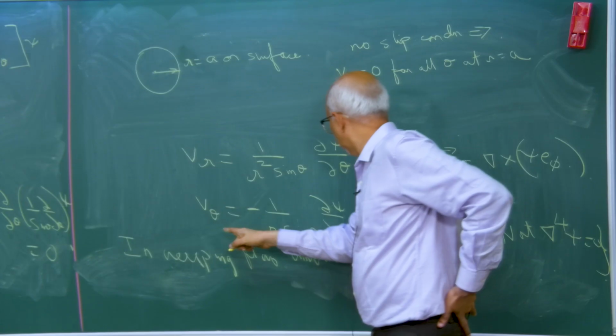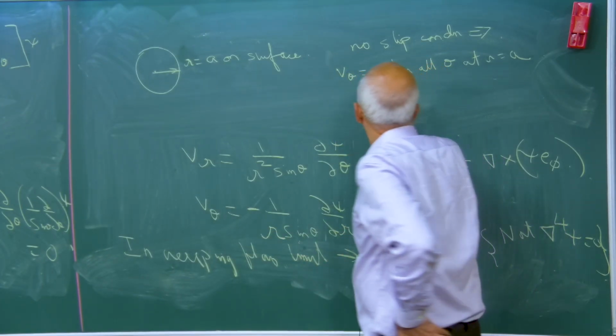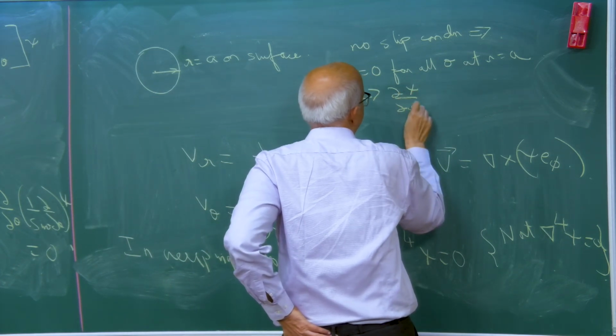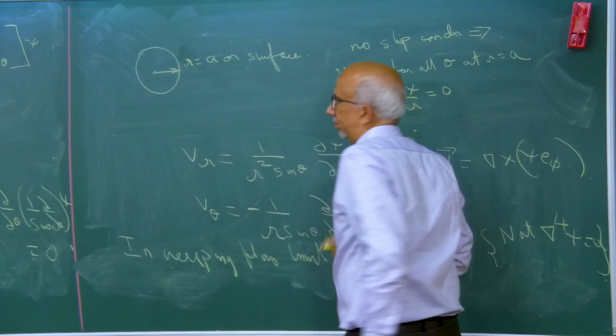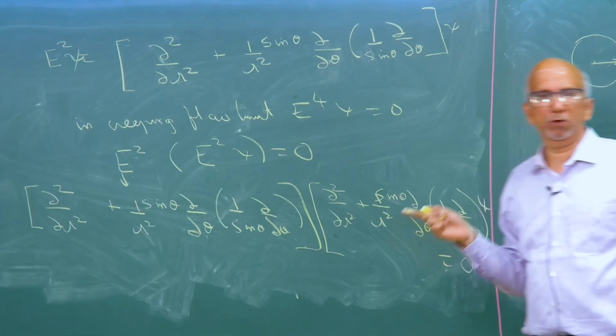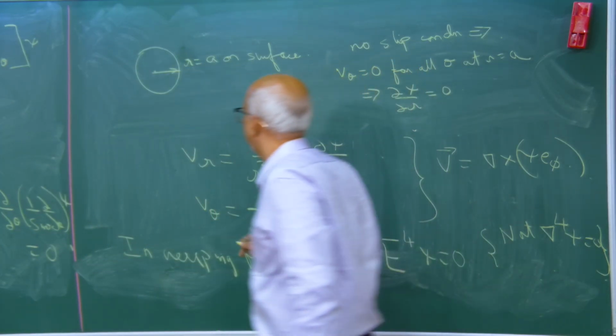If V theta is 0, that means d psi by dr is 0. Okay. And what about the other thing? The no penetration condition. The radial component of velocity is 0.